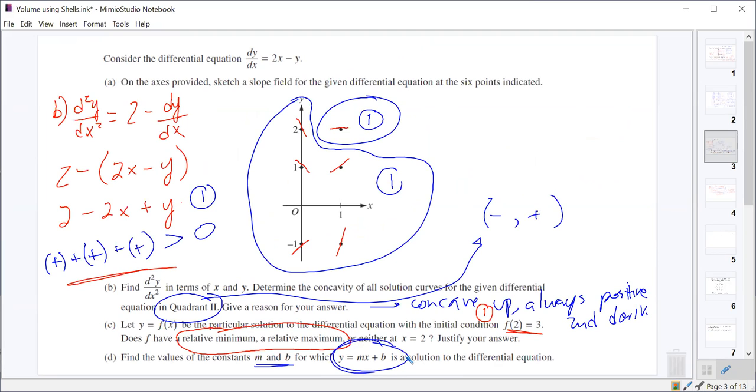This is the solution to the differential equation, so this thing's derivative needs to be 2x minus y, exactly, right? The derivative of the solution to the differential equation should be the derivative. Well, what is the derivative of y equals mx plus b, just by taking its derivative?